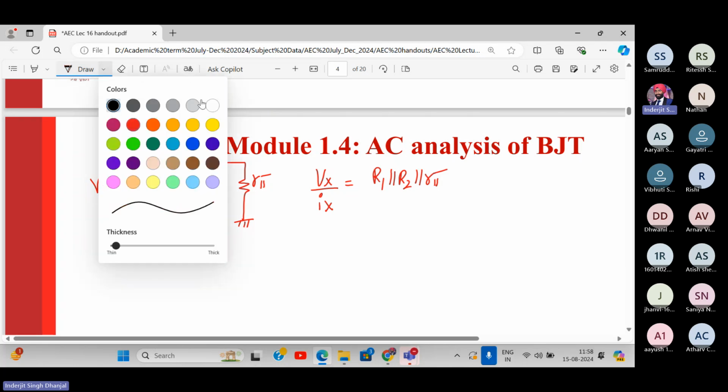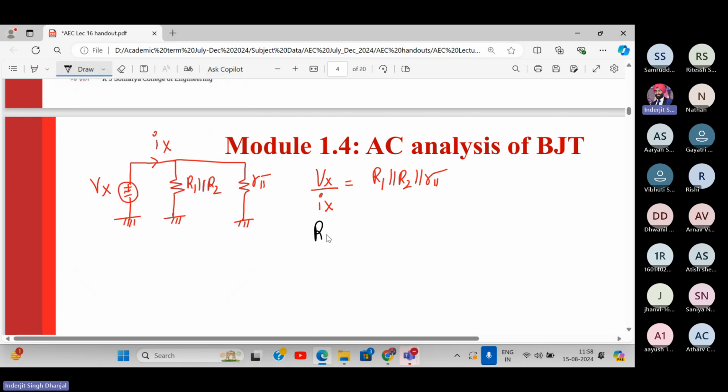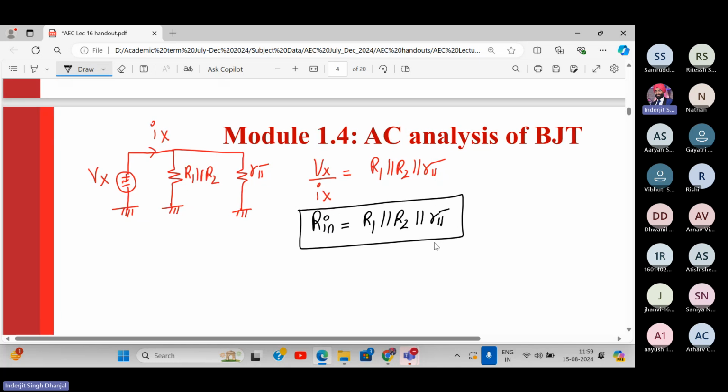So therefore, my Rin, the input resistance of the amplifier, will be R1 parallel to R2 parallel to R pi. Got it? So this is my input resistance of the common emitter amplifier without the internal source.